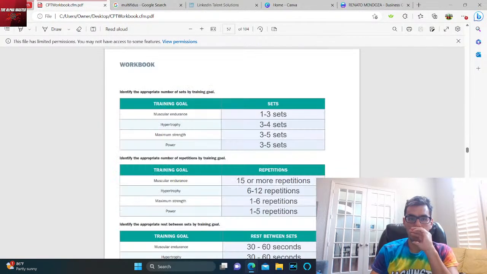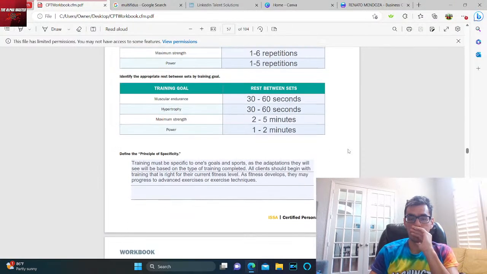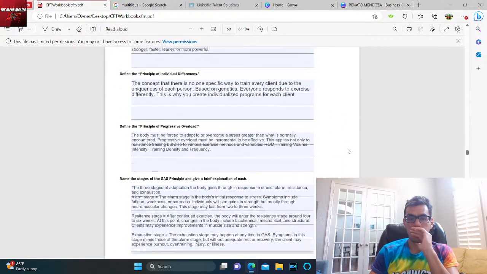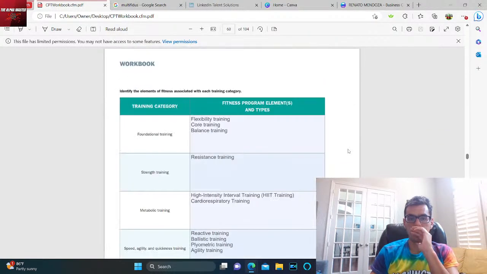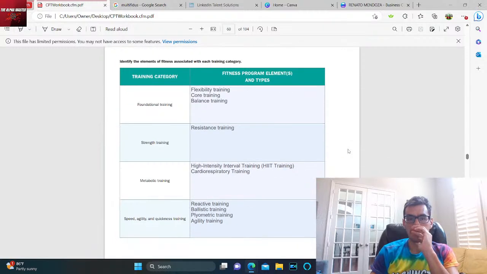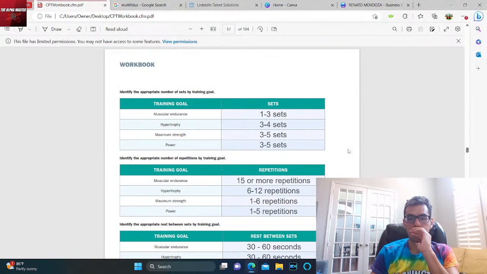For the acute training variables, all of these numbers you need to know, the principle of specificity, all of the principles, the periodization, and the elements of fitness training category. And then you go over classes of flexibility training.